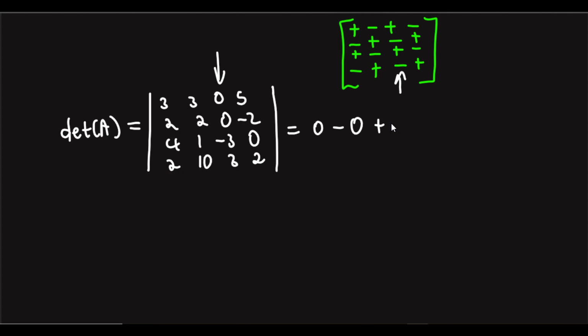Okay, so now we're getting to work. The third entry in the third column is negative 3, so we are going to write negative 3 and expand it like this.